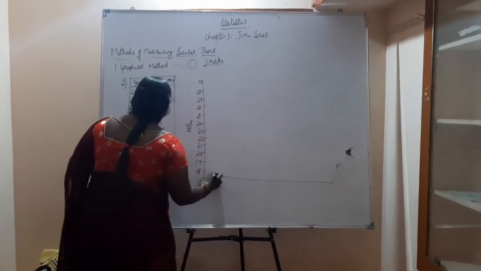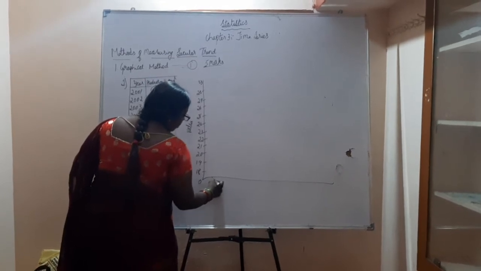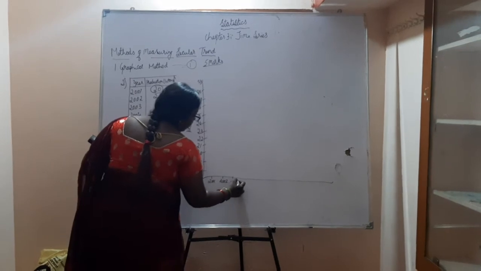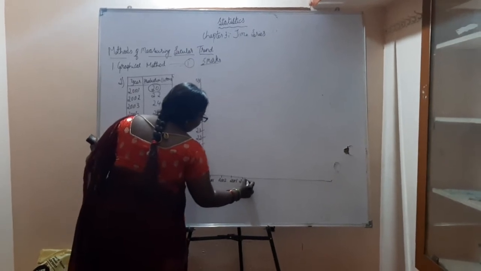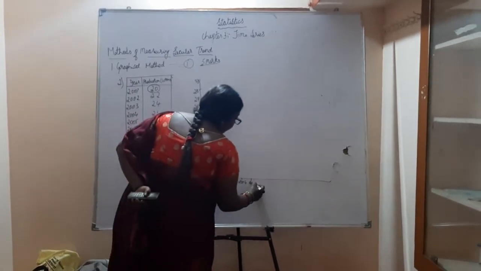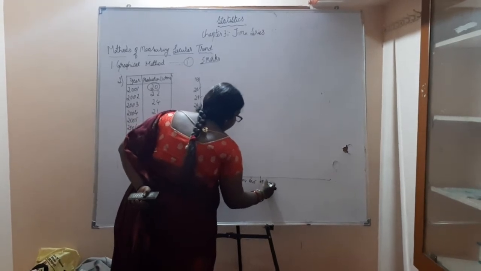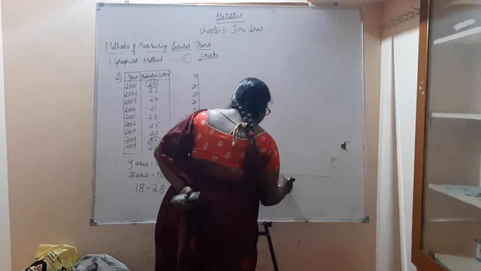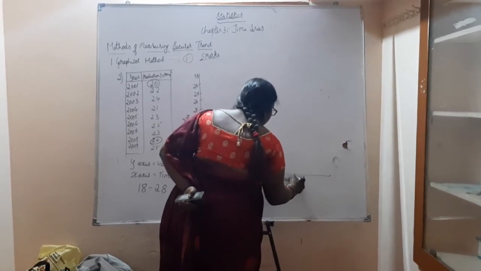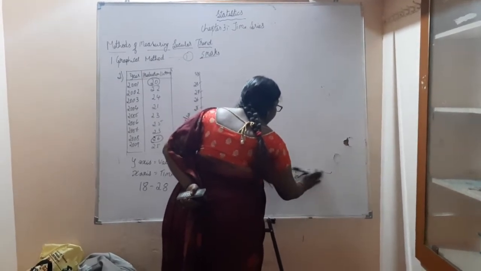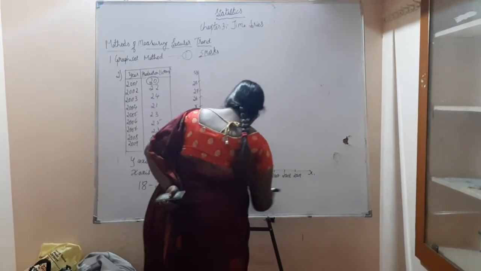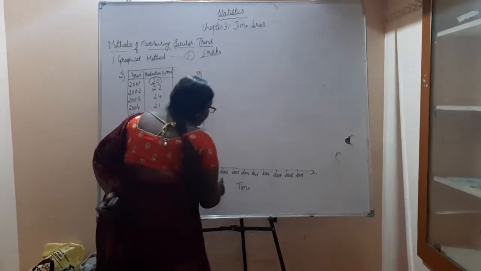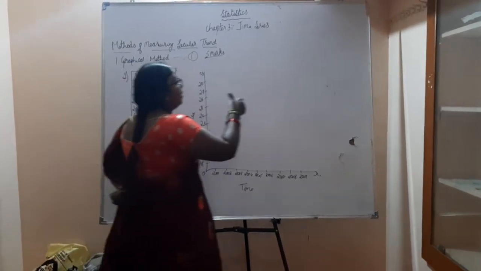Here I will start with 2001, 2, 3, 4, 5, 6, 7, 8, 9. So this will be my x-axis, that is time. You need to write the value, time and scale.